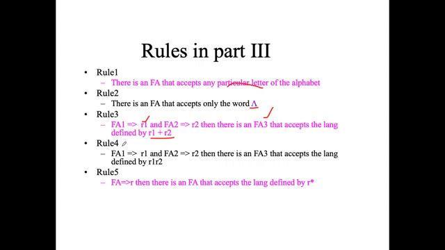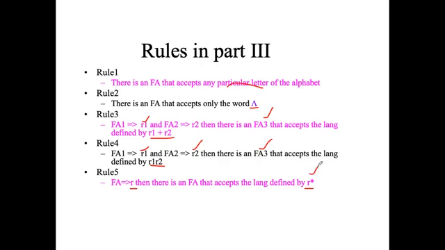Similarly, there is an FA that accepts the sum of R1 and R2. Similarly, if there is an FA that accepts regular expression R, then there is an FA that accepts the language defined by R star.